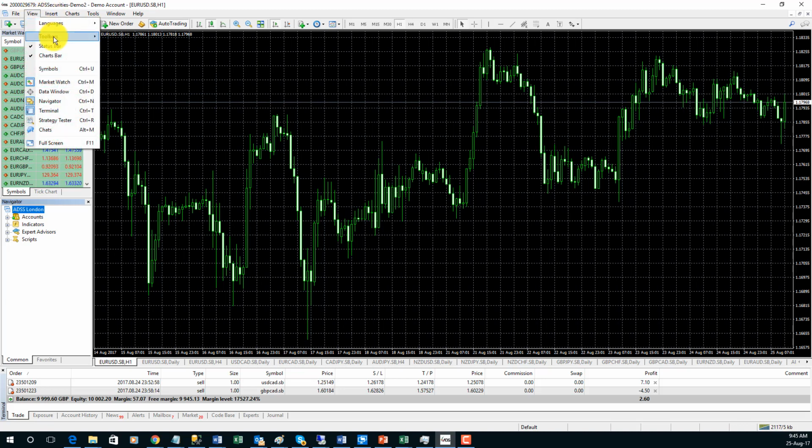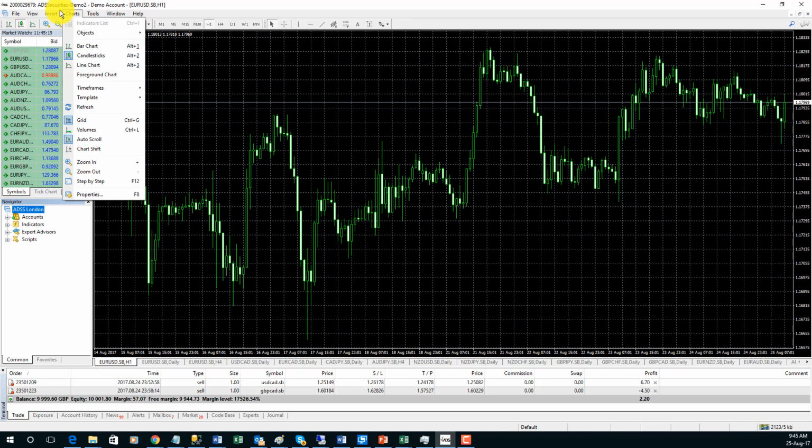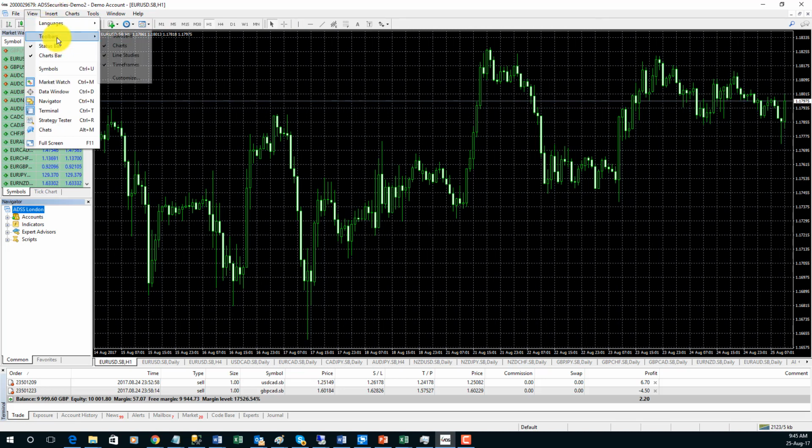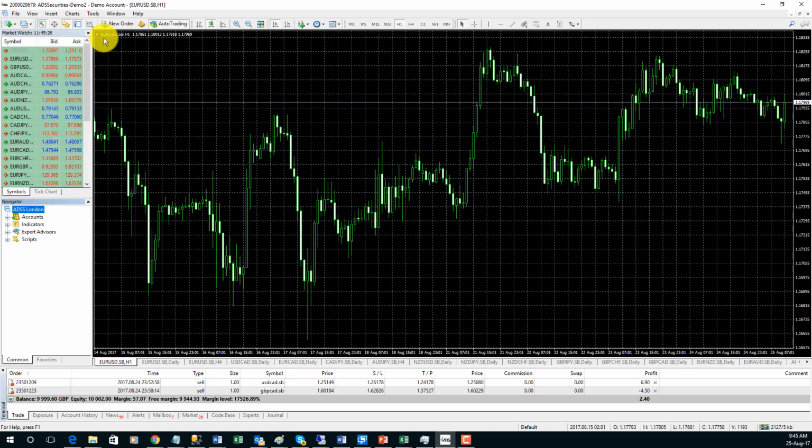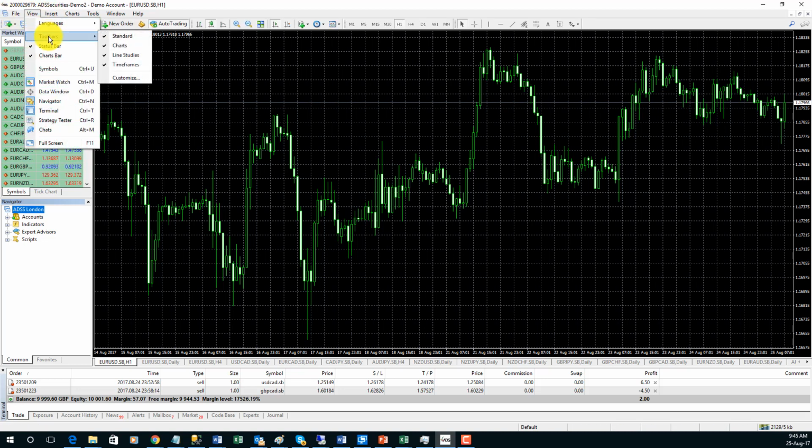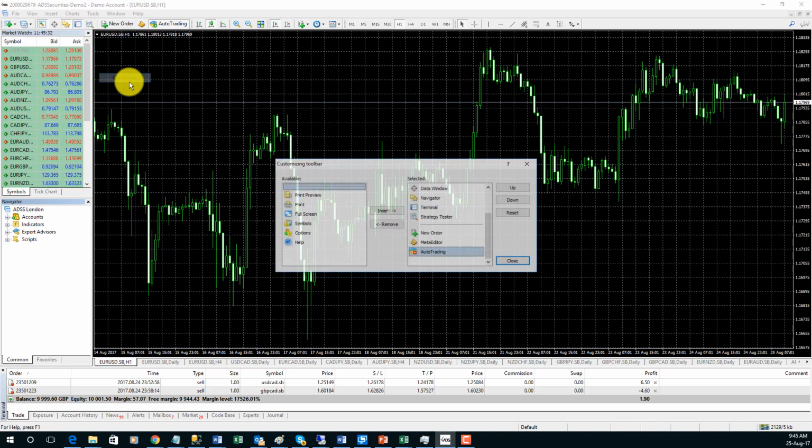Okay, next up is toolbars. There are a number of toolbars provided, and we can turn them off very easily by clicking on the toolbar. See the tick next to it disappears, and then if you tick it again, the toolbar comes back. So that's a sort of toggle action. Customize.